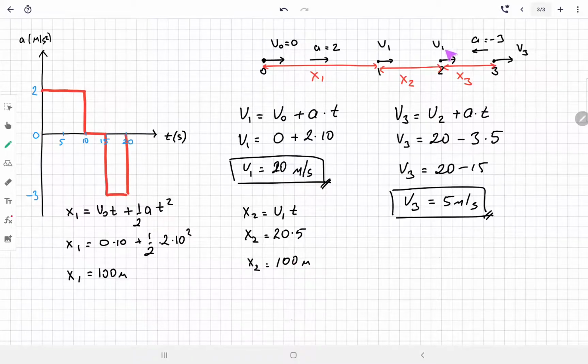Now let's come to the last part, distance between point 2 and 3. Here we know that acceleration again constant but negative. It means we can use this equation. Initial velocity, basically velocity at point 2, times time plus 1 over 2 acceleration times time square, because acceleration is constant here.